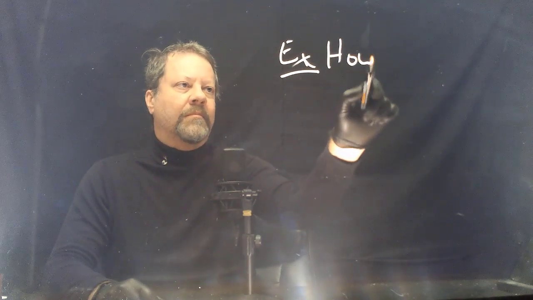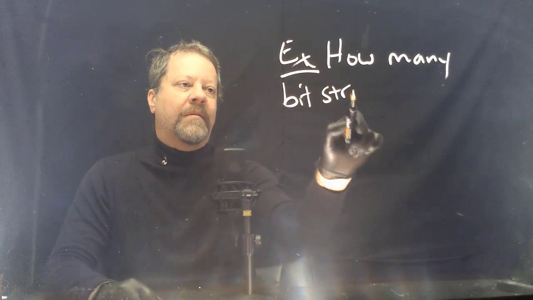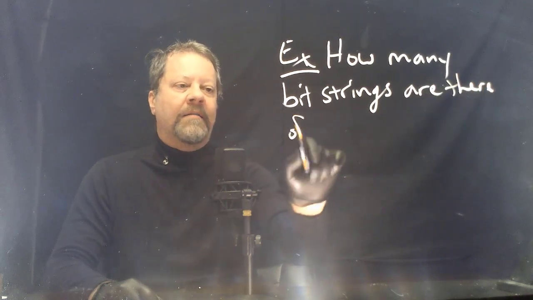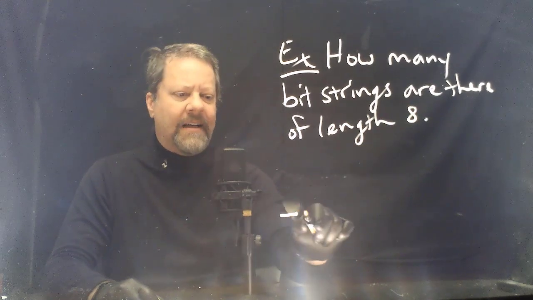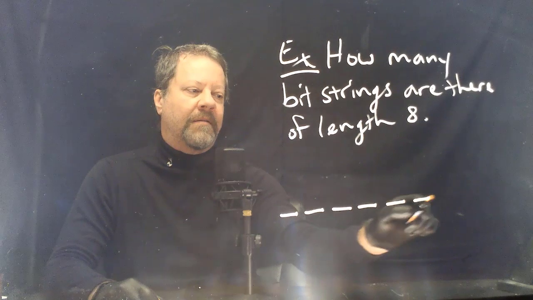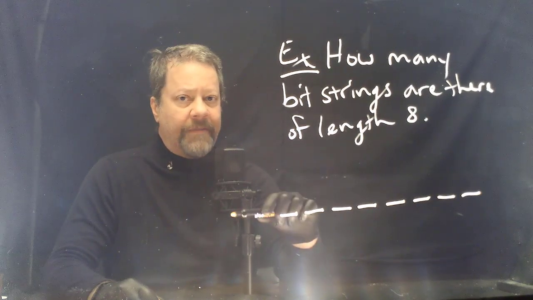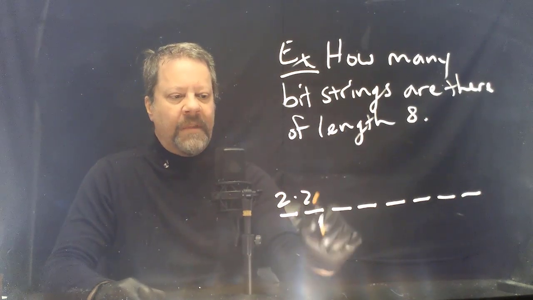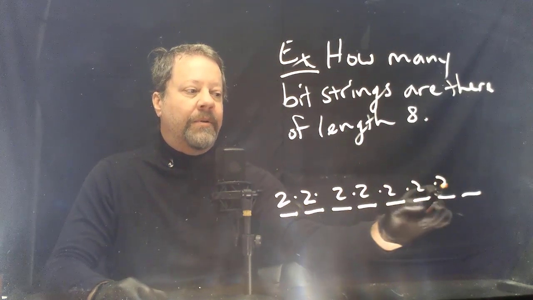Here's another classic example. How many bit strings are there of length 8? So we have 8 slots. Each slot is filled with a bit, and a bit either takes on the value of 0 or 1, so there are 2 possible ways to fill that first slot, 2 possible ways for the second, and so on for all 8 slots.